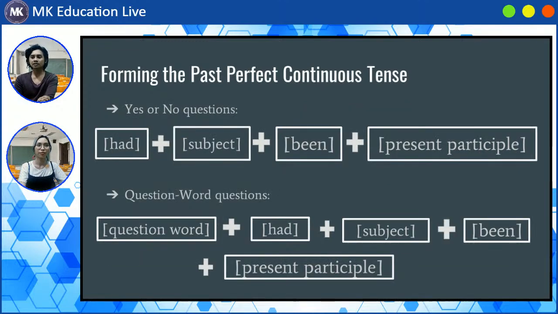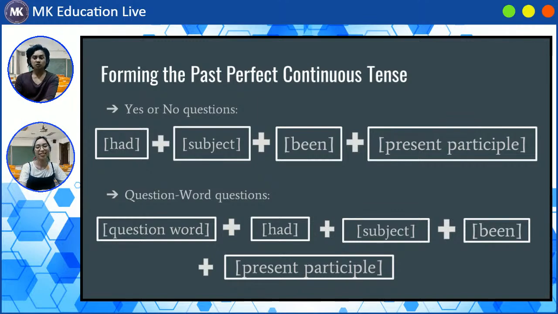Okay, so next, how do you form the questions? For yes or no questions, where you expect your answer to be a yes or a no, it is made by inverting or exchanging the had and the subject. So you start your question with the word had, followed by the subject, followed by been, followed by the present participle.